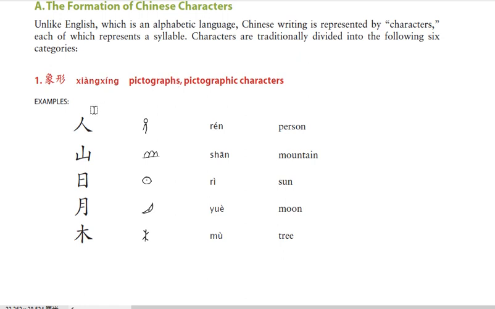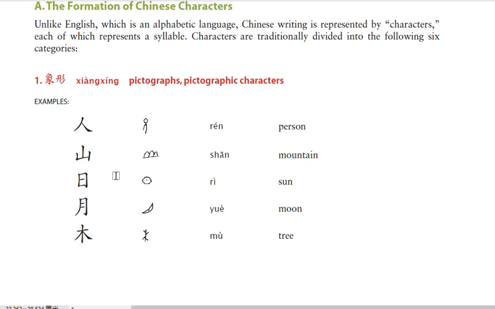For example, 人 in Oracle Bone script is an image of the human being, a person. And 山 means mountain. In the Oracle Bone script, it is an image of the real mountain in the world, right? And for the 日, which means sun, 月, which means moon, 木, which means tree, those Oracle Bone scripts are all the picture or the very simple sketch of the real objects of the world.